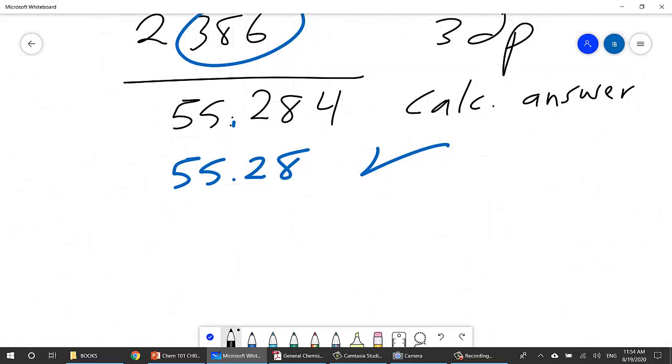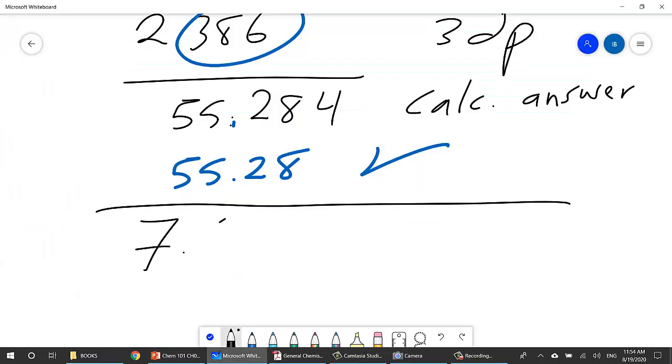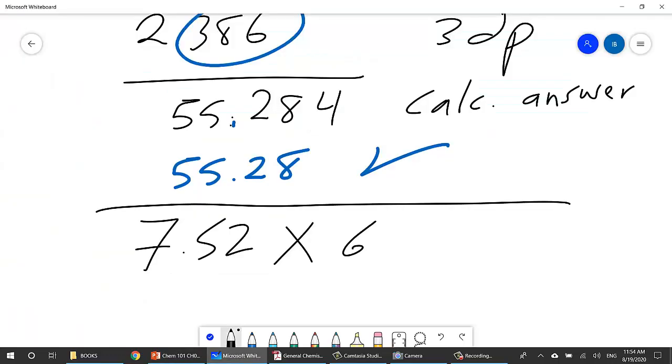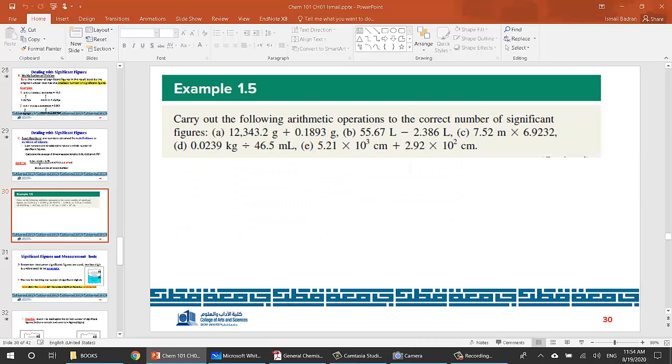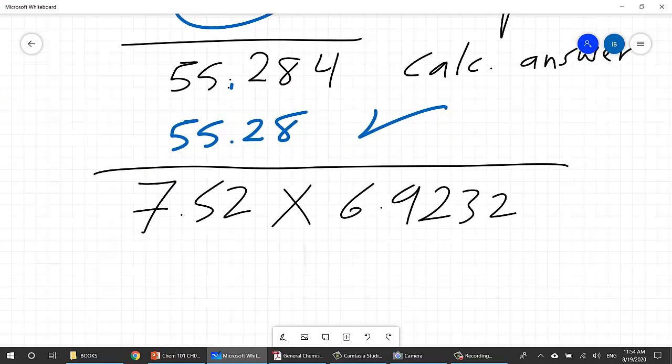Now let's move on to a multiplication question. 7.52 times 6.232. Let's talk about this.